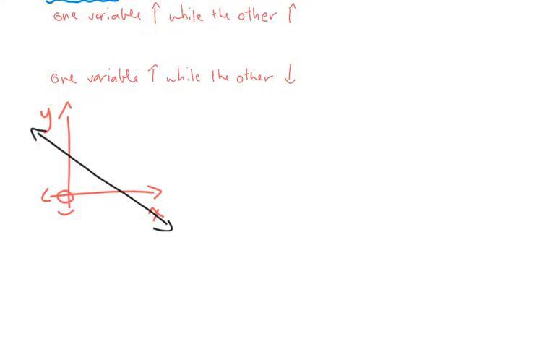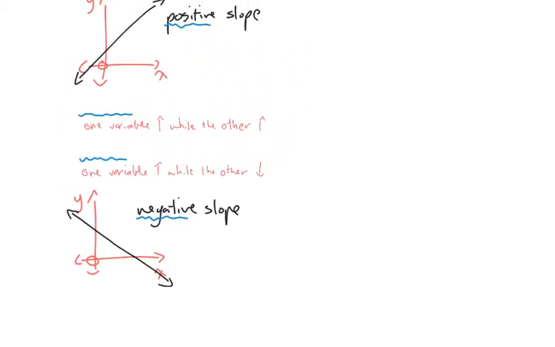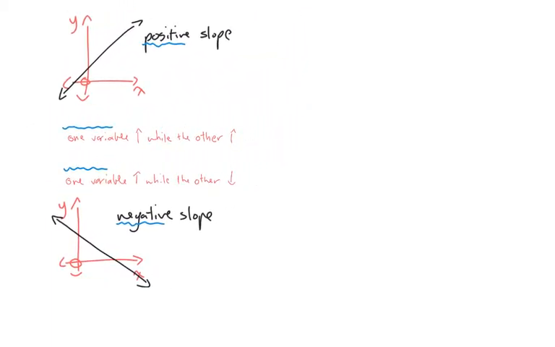And this line, you'll learn later, has a negative slope. Okay, so again, you'll see terms that are being repeated. As you can see, as the values of x increase, the values of y decrease, which makes it have a negative correlation. So let's just show you these two diagrams again.